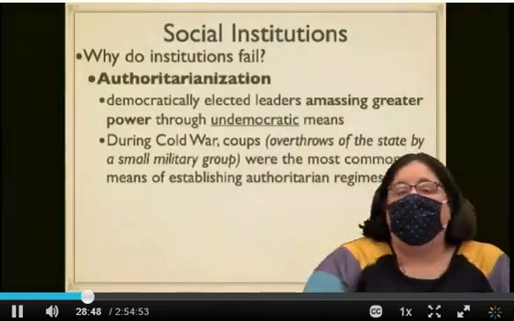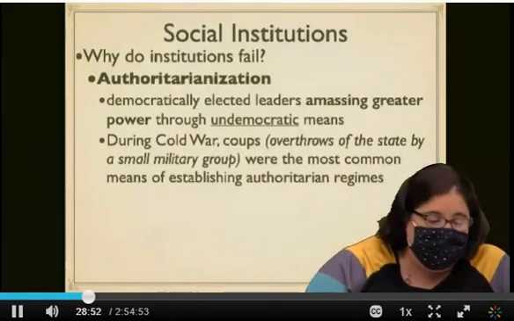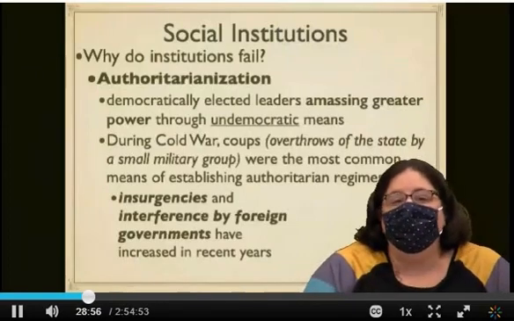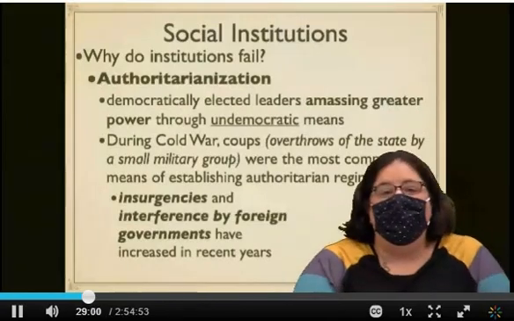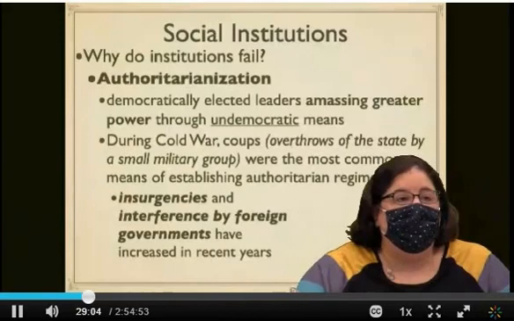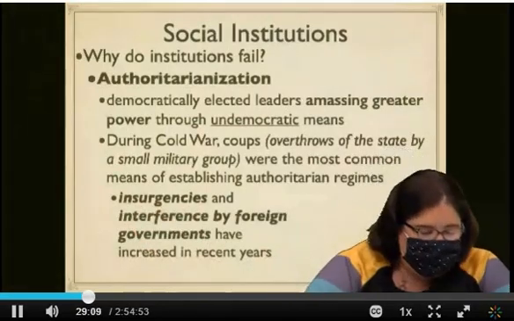However, that is not the most common way of authoritarianism unfolding today. 50 years later, insurgencies and interference by foreign governments have become the more common way that authoritarian regimes have been established in countries around the world.